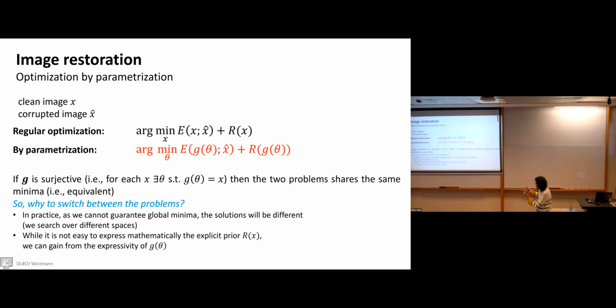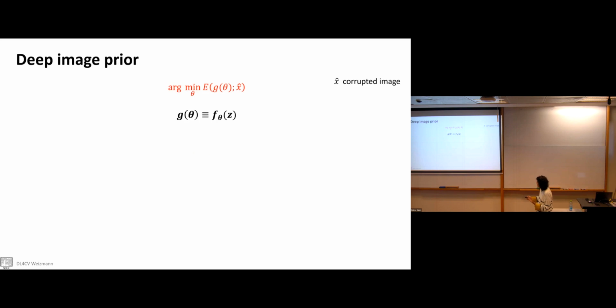However, the idea of this mapping is going to be very useful due to the expressivity of this mapping. In the case of deep image prior, G theta is going to be the neural net parameterized by theta, where the input is a noisy vector image Z, and this is going to be the mapping.